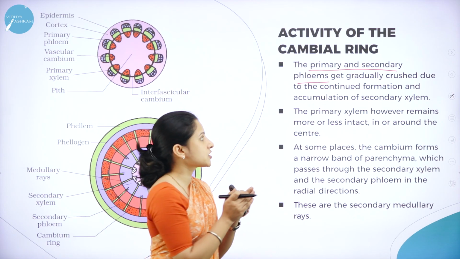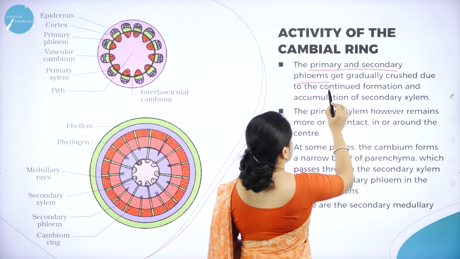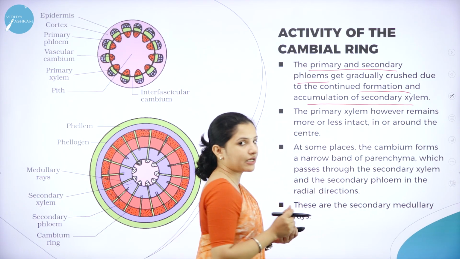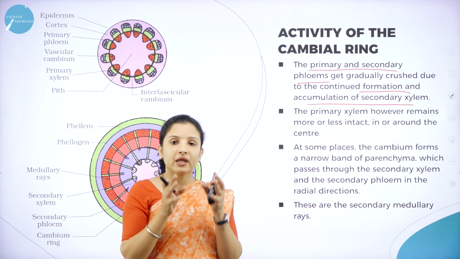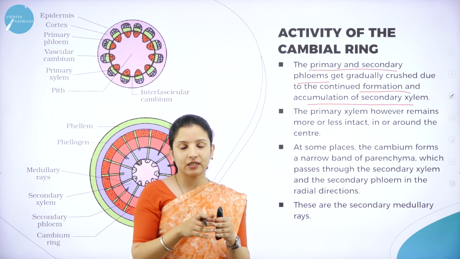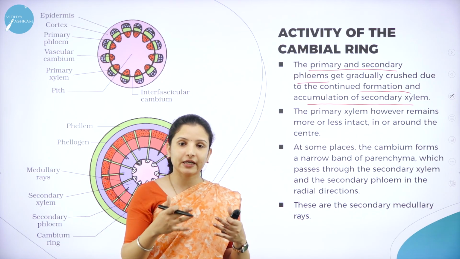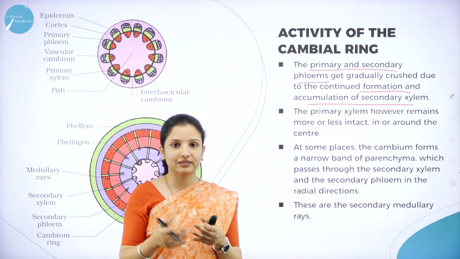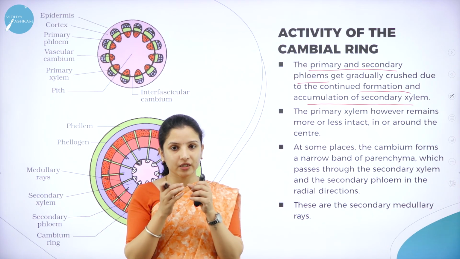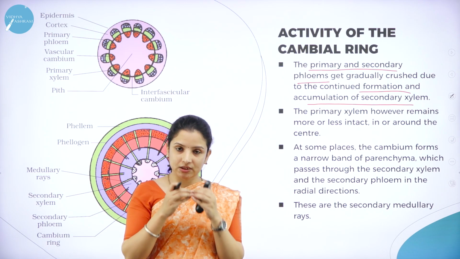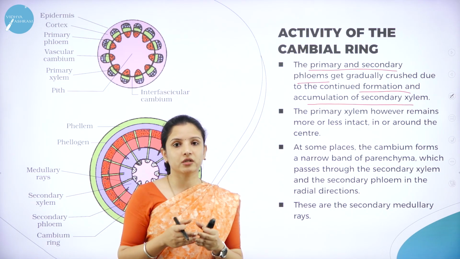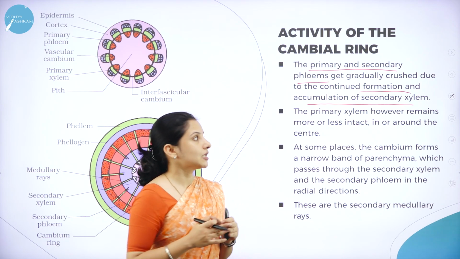It gets crushed, and therefore it will lead to the formation and accumulation of the secondary xylem. Why does it get crushed? Making space for the secondary xylem, because the secondary xylem is forming actively because of the cambial cells. So the primary phloem gets crushed or disintegrated, making space for the secondary xylem, and those regions will also get filled with the secondary xylem.